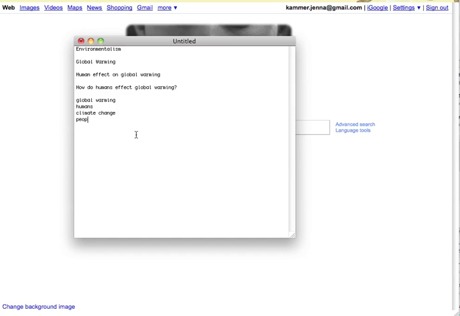Another word for humans might be people. And if I want to get really broad, I might do causes, as in, what are the causes of global warming? So notice how all of my search terms relate to my just right question. That is what I am looking for.